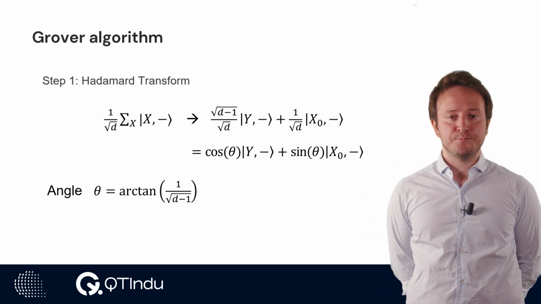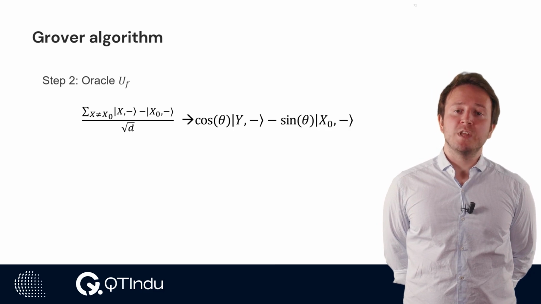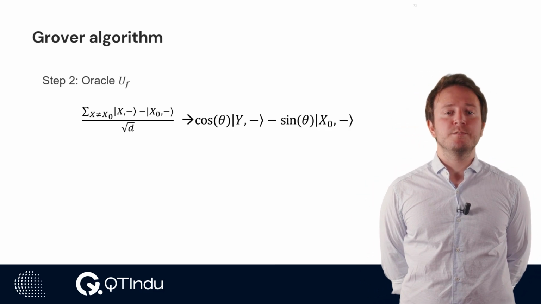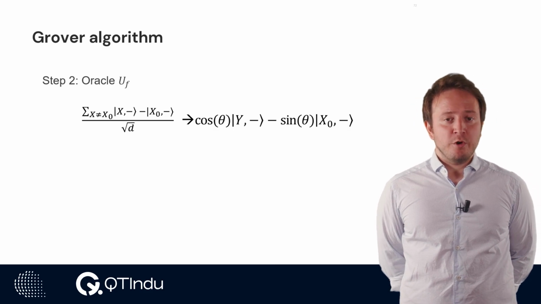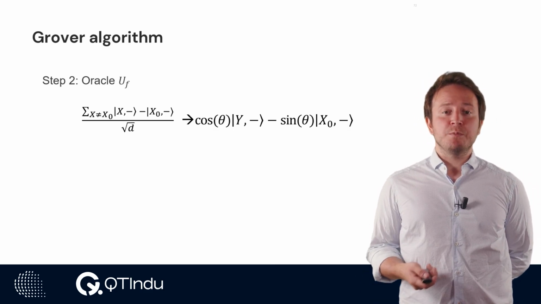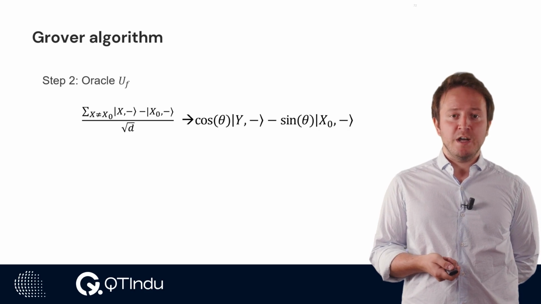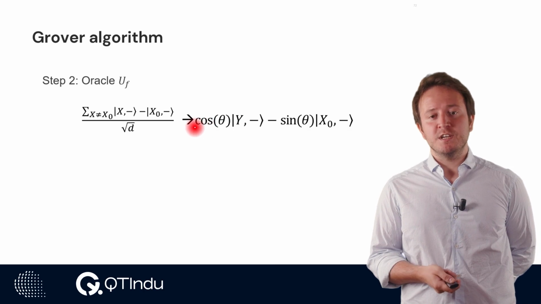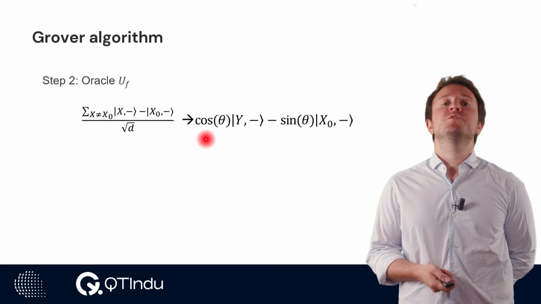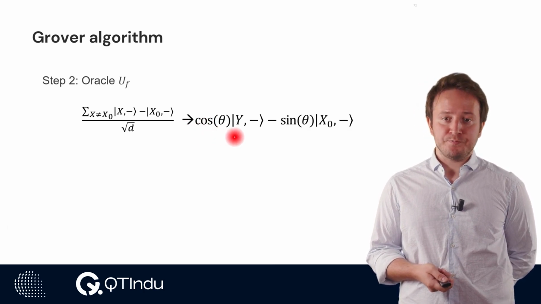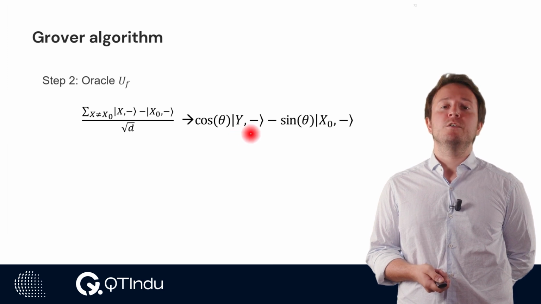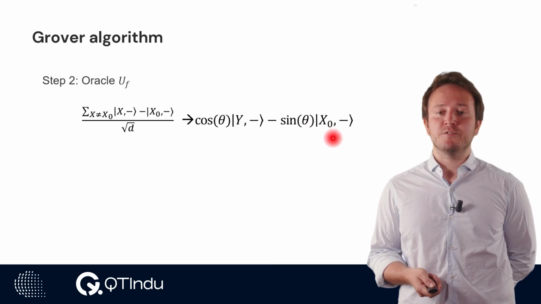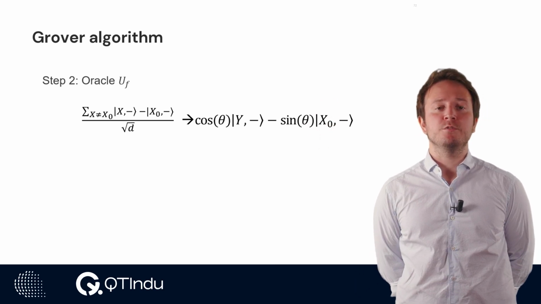plus sine of theta of x naught, tensor product minus of the ancillary qubit. So let us see now what happens when we apply the rest of the Grover algorithm to this input state. The function of the oracle, u of f, is very easily captured because the only thing that the oracle does is change the sign of the wanted string. So essentially, the output state will be given by the cosine of theta of y tensor minus the sine of theta of the wanted string tensor the minus state of the ancillary qubit.